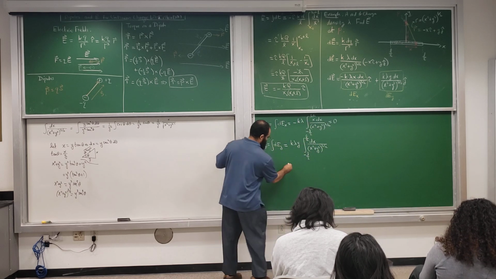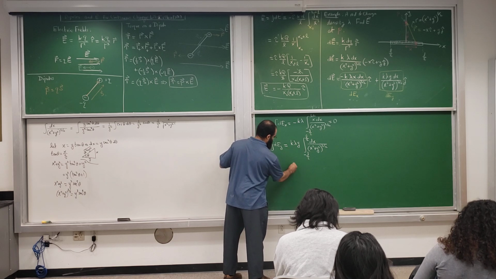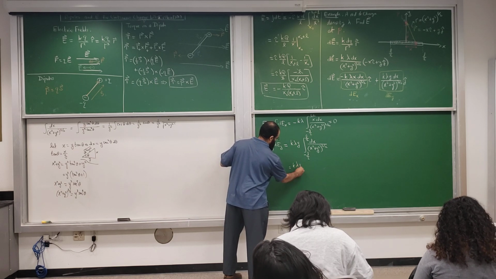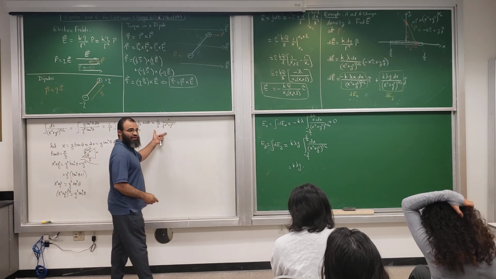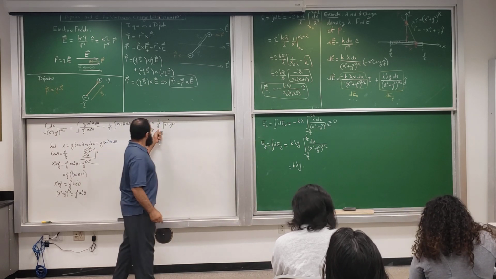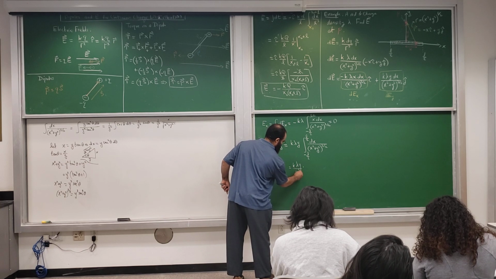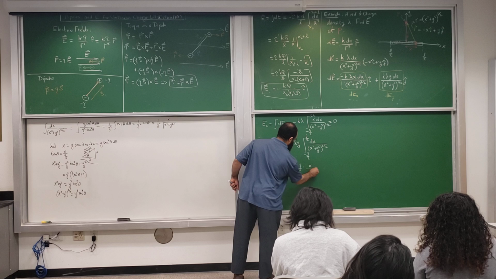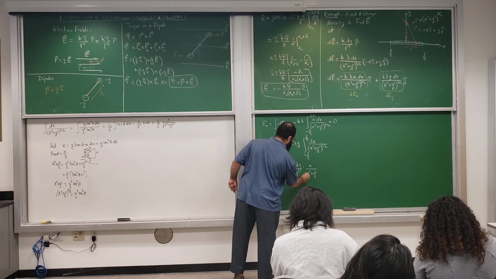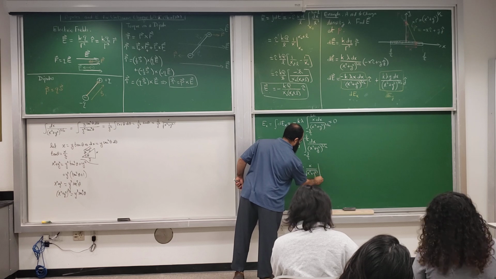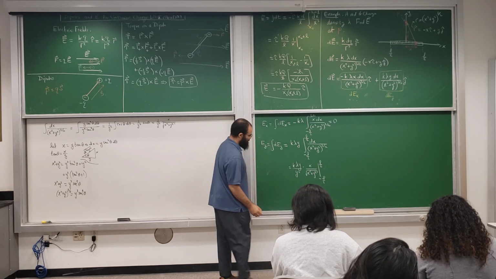So I'm going to go here, we get k lambda y. And then I'm going to plug this in. So I have 1 over y squared. Let's put the y squared on the bottom. And then I have my x over the square root of x squared plus y squared, from minus L over 2 to L over 2.